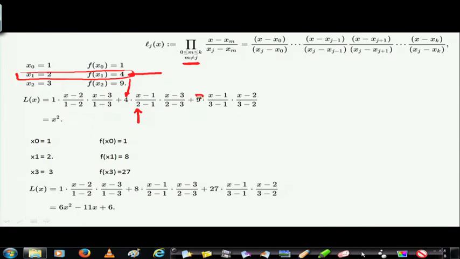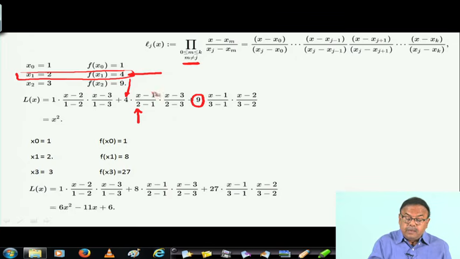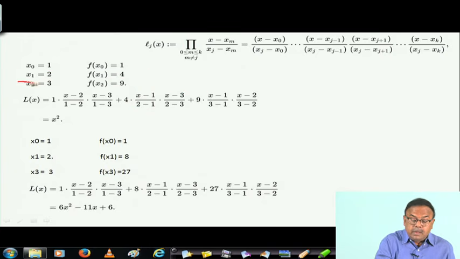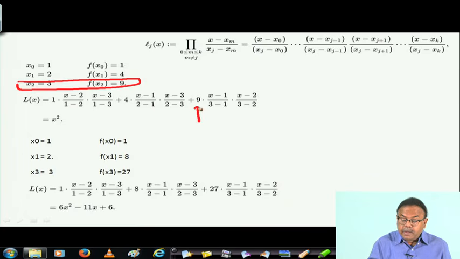Here I take 9, this value, and I am taking this row now, right. I have taken 9. So, x minus 1 by 3 minus 1, x minus 2 by 3 minus 2.